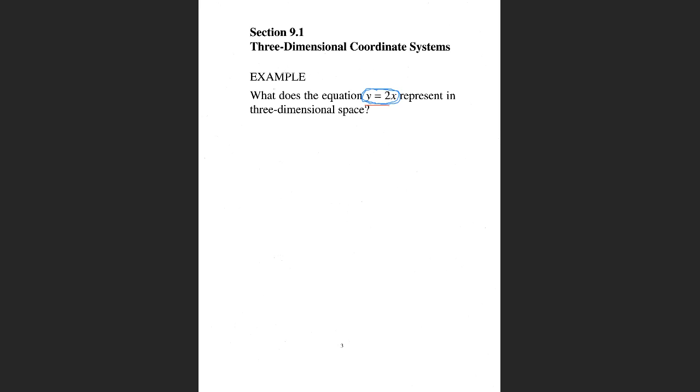That means, so think back to, now this is an aside here, but think back to calculus 1 and 2. You have an x-axis and a y-axis, and let's say you have the equation y equals 2.